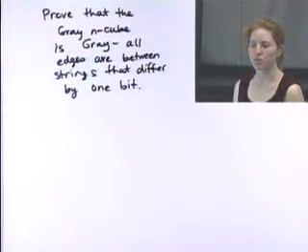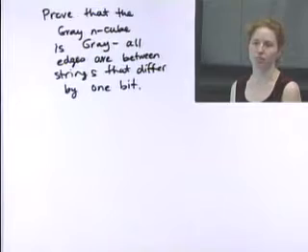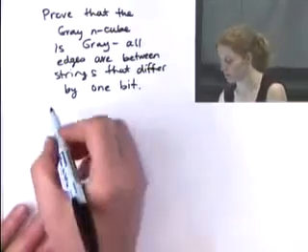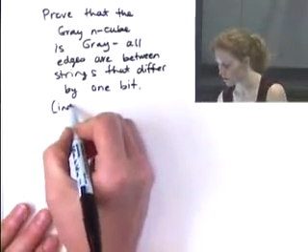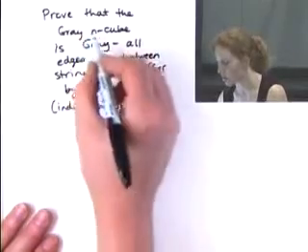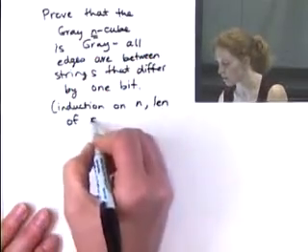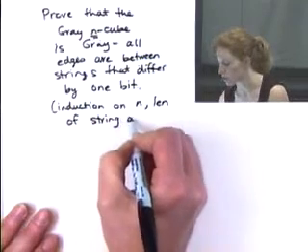So we're going to prove by induction, and we're going to prove it on the size of a node, right? The length of the node label. It's on n, so n is the length of the string at each vertex.